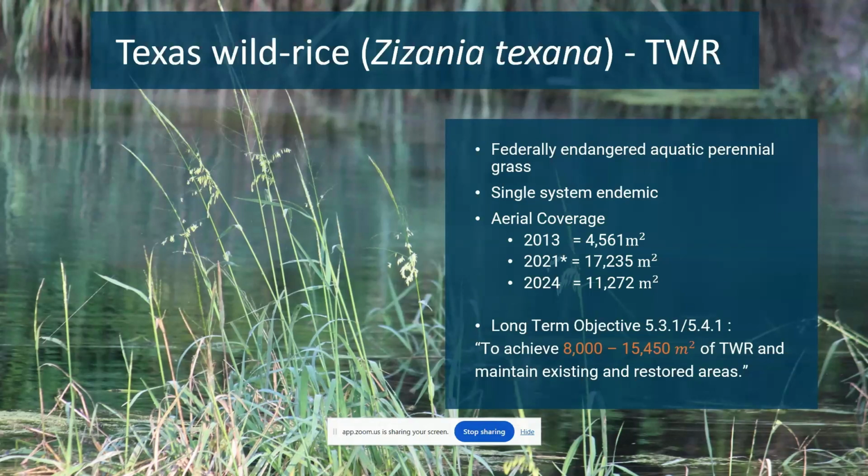But when we started the HCP in 2013, there was less than 5,000 meters. And those were really limited to the very upstream portions. So we've been able to restore this plant's access to the rest of the river, really spend a lot of time on educating people. And this has helped us already achieve this long-term objective.